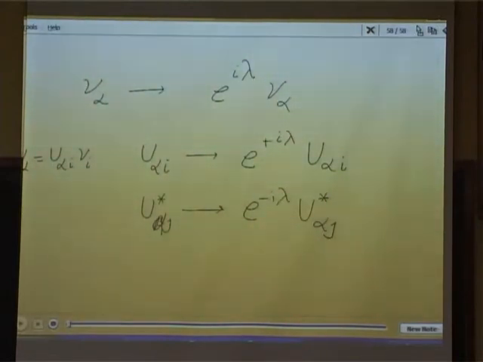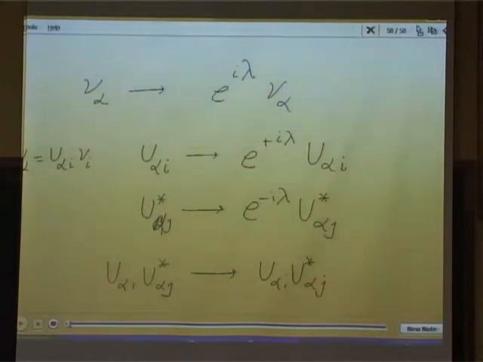So what does this mean? If I take a product of U alpha i and U star alpha j, this will not change. This happens for alpha, but the same argument applies for beta.